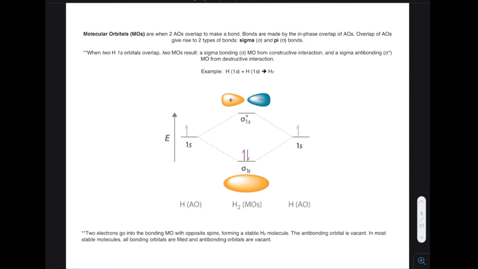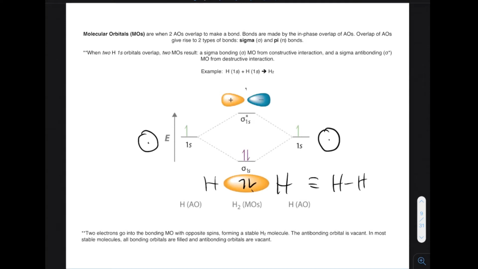Essentially it looks like this, where you have your hydrogen-hydrogen bond and the 1s orbitals. They can be positive or negatively phased, but either way you have one molecular orbital from constructive interaction and the antibonding orbital from destructive interaction.